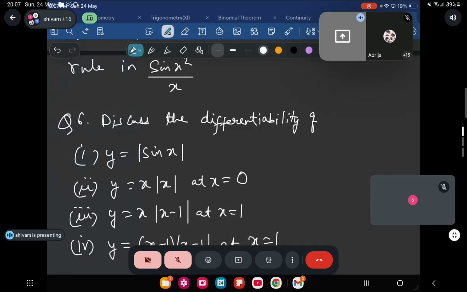Yes, Shubhangi, you have to also tell me where it is not differentiable. First one is correct, second one is also correct. Check the second one again.